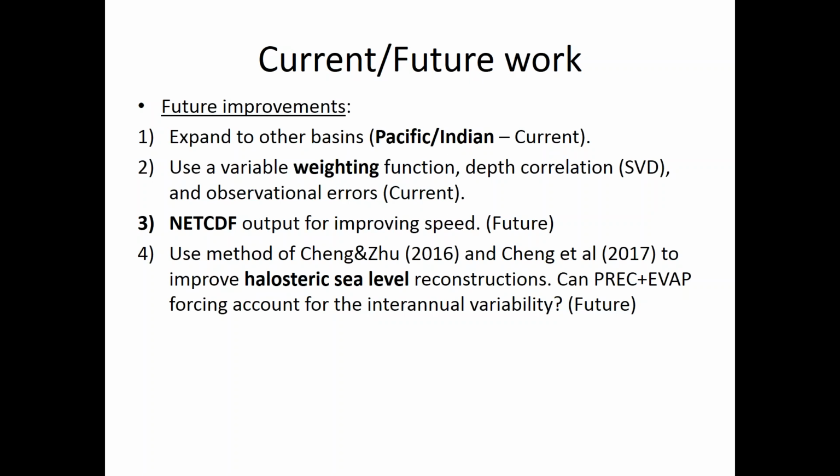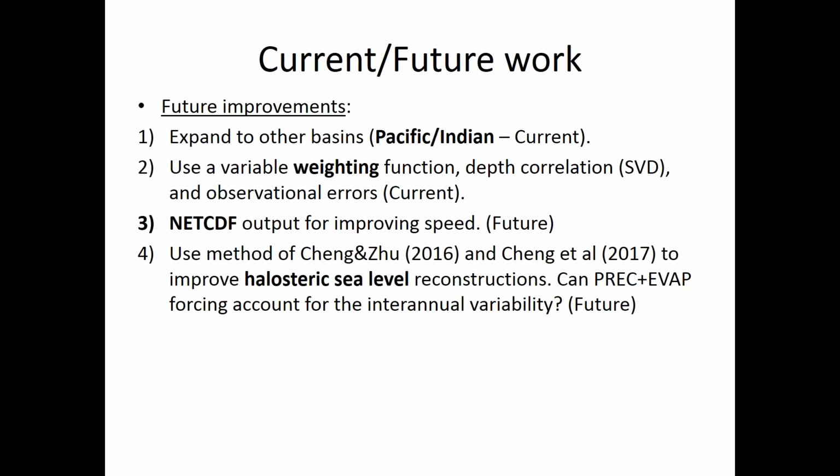So use some SVD or EOF methods, and or use observational errors as well. Ideally, we should have a NetCDF output. This is in MATLAB, but with NetCDF output, you can just upload the region we are interested in. That could improve the speed of the method.